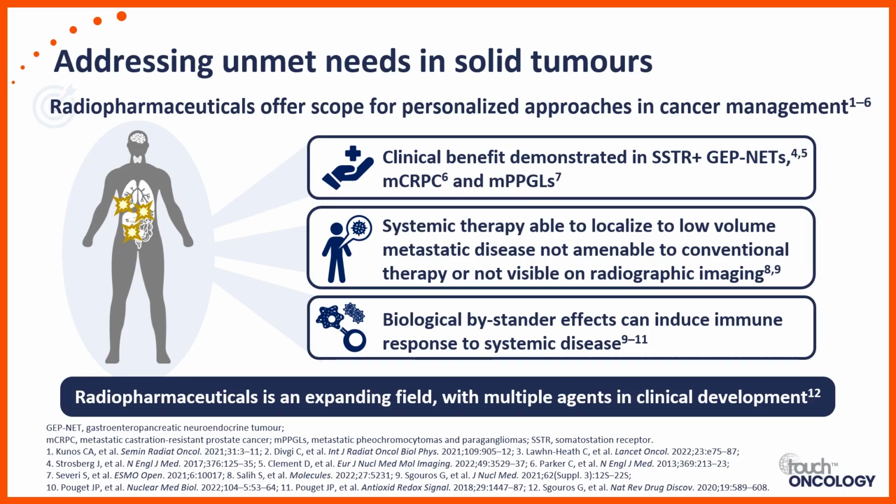In general, these compounds are well suited to metastatic tumors because they are, again, a systemic therapy that can localize to small clusters of disease that are not necessarily visualized on radiographic imaging. Additionally, the range of the beta and alpha particles can be sufficient to induce immune response to systemic disease in the body, and therefore they are really quite flexible in treating a wide range of solid tumors, particularly metastatic disease where a local definitive therapy is not a viable treatment approach.